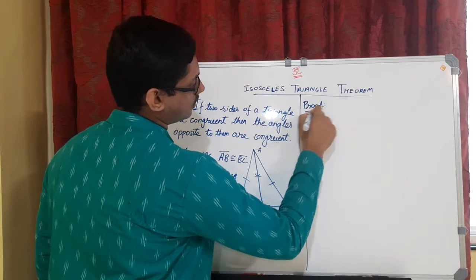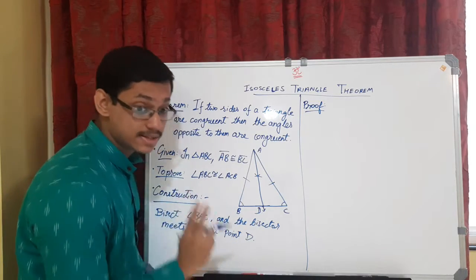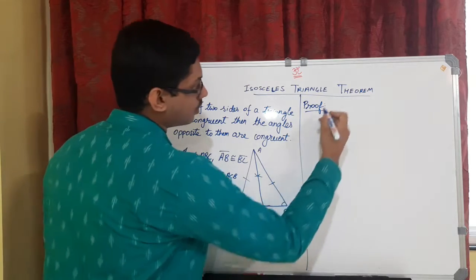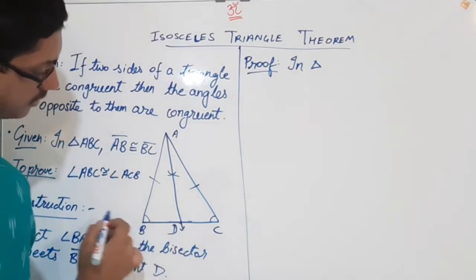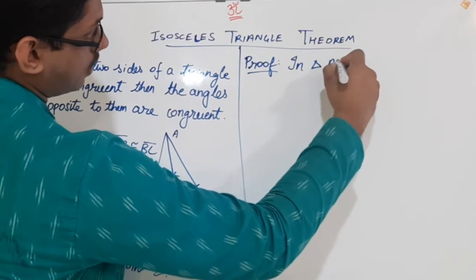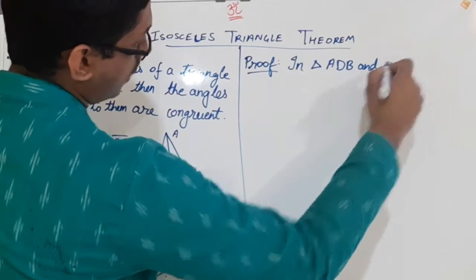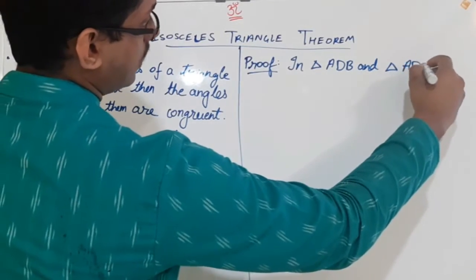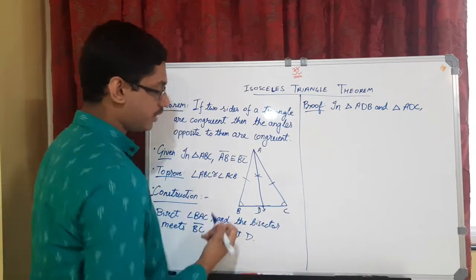Alright, now comes the proof. Now see, we have to take two triangles, this one and this one. So in triangle ADB and triangle ADC, which things are common?